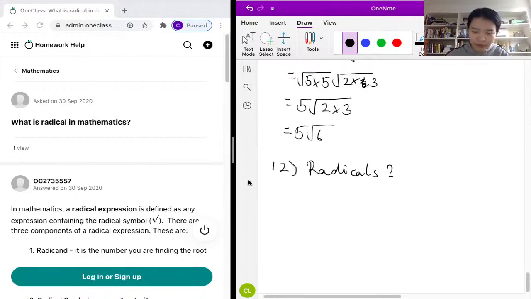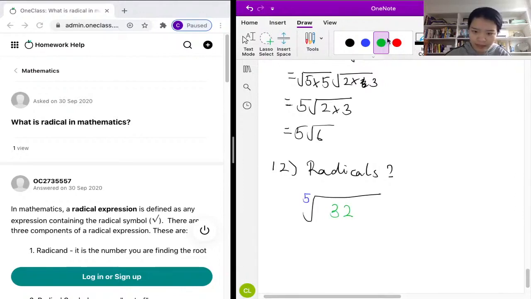So a radical expression in mathematics is defined as an expression containing the radical sign over here, let me write them using a different color. The radical sign right over here and the number over here, let's do 32.